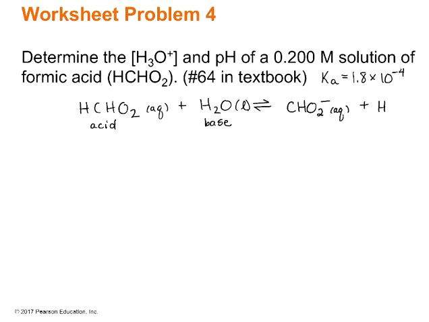And then we'll also end up with the hydronium ion as our other product. So we have our conjugate base and our conjugate acid.